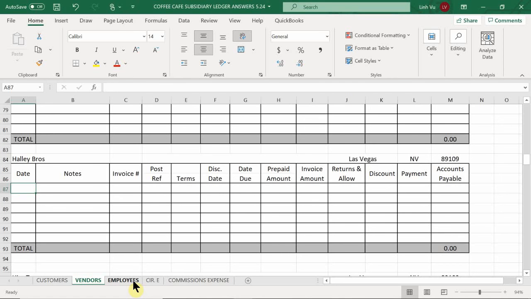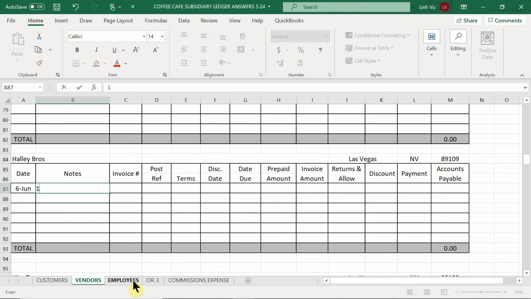And here the date is 6/6. Now this is where you have to pay really close attention, because this is how I use Excel to fill out this worksheet. As we keep dealing with Hallie Bros, you're going to see how this transaction will progress.